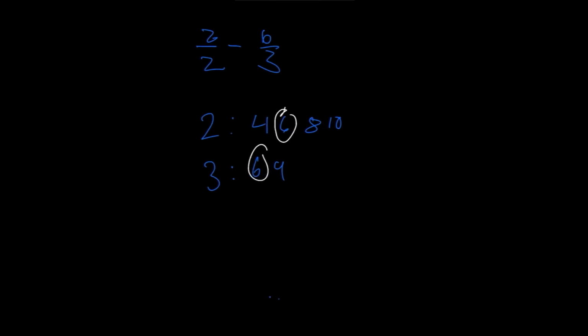Then I multiply both by their respective numbers. To get 6 from 2, it's multiplied by 3, and to get 6 from 3, I need to multiply by 2. And this is going to be 6 over 6 minus 12 over 6, which gets me minus 6 over 6, which is equal to -1.